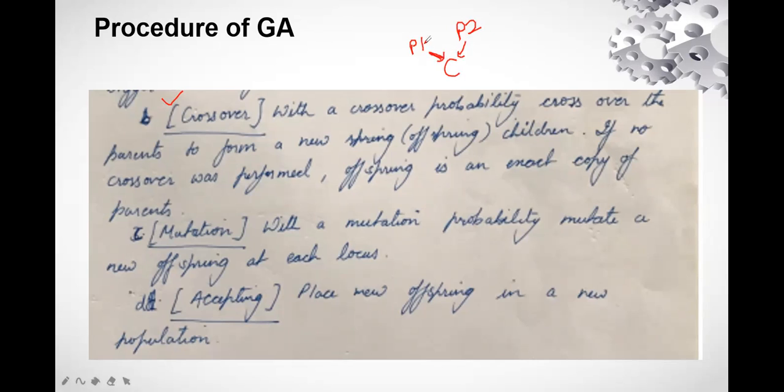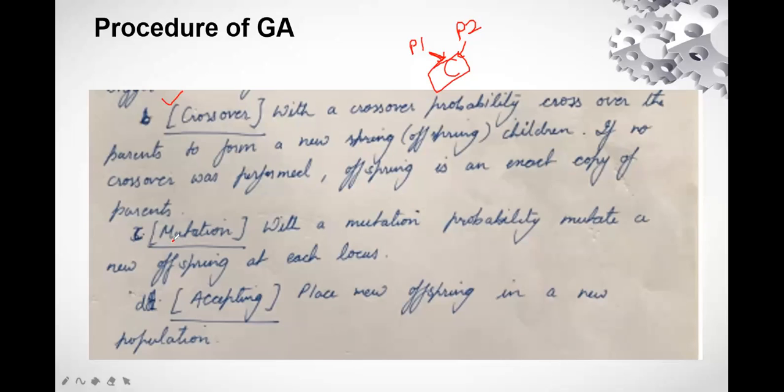If no exchange or swapping is done, we will get a complete copy of either parent 1 or parent 2, and that will be of no use. So we need a new population having certain properties of parent 1 and certain properties of parent 2. We will see in detail what crossover is, how many types there are, and how they are done in the further lectures. So this is just the basics.